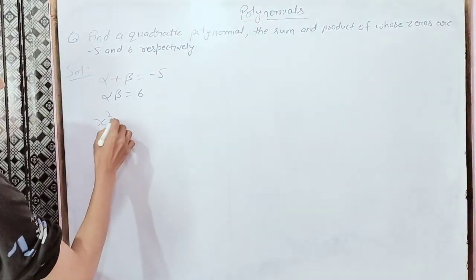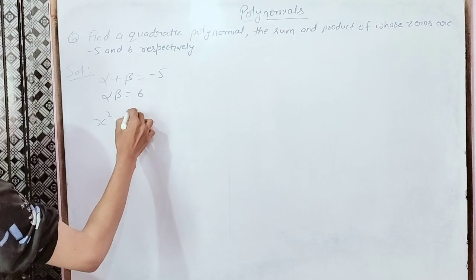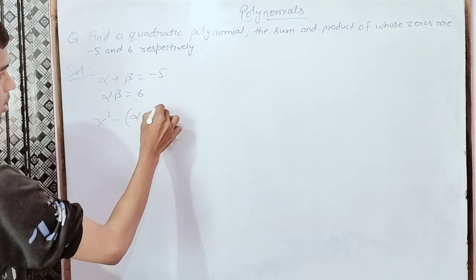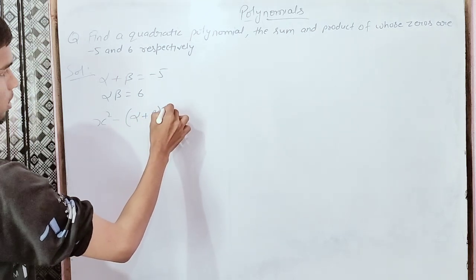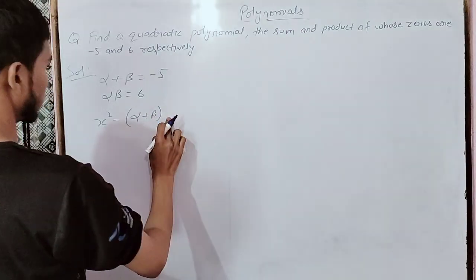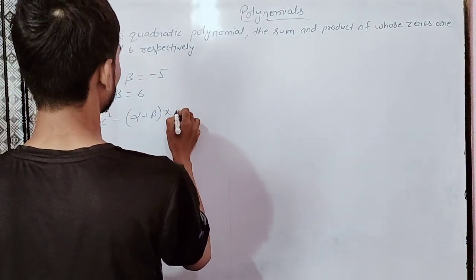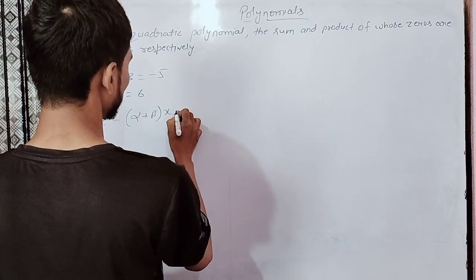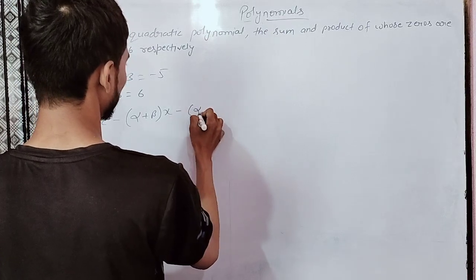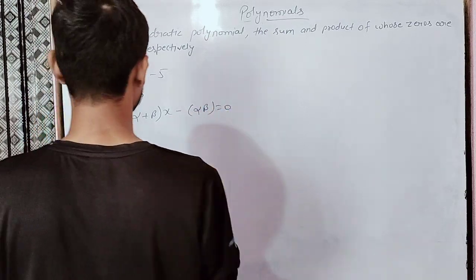Now this is x square minus alpha plus beta times x, minus alpha into beta will be 0.